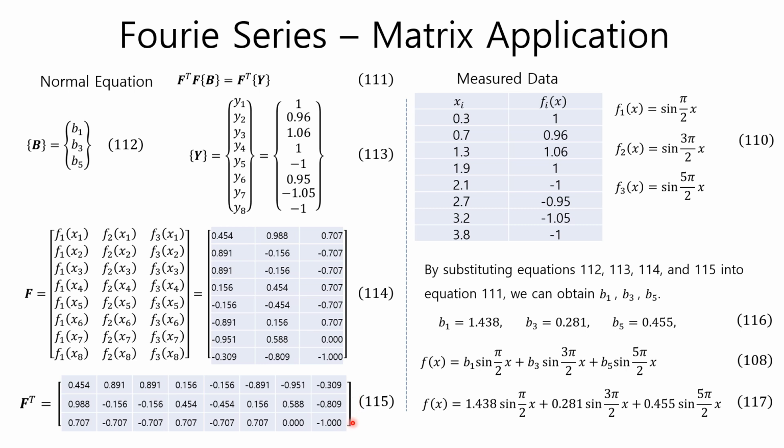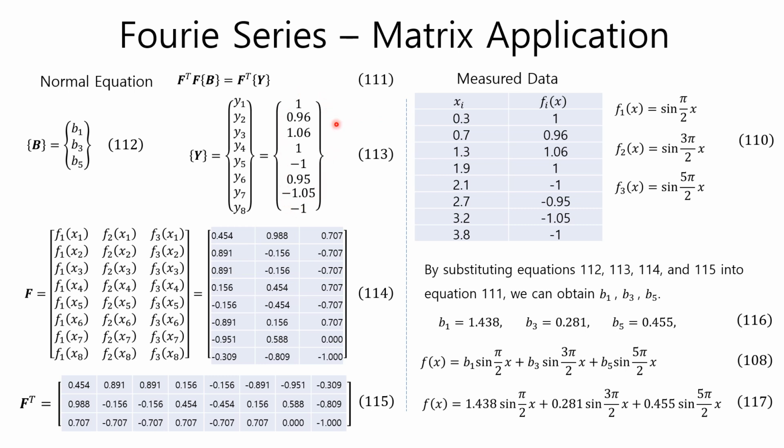The B matrix is the coefficients b1, b3 and b5 of the Fourier series that we need to find, and can be expressed as equation 112. Lastly, the Y matrix can be expressed as equation 113 using the fx value of the measurement data.